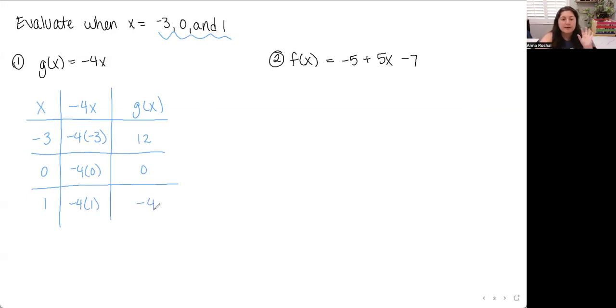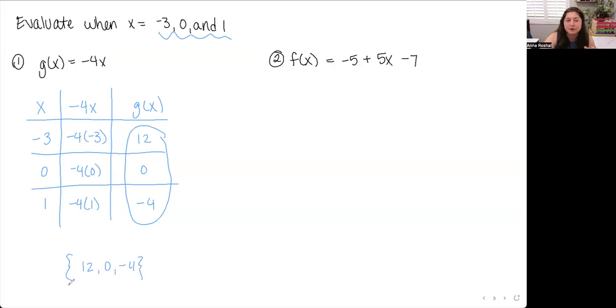So I can go in and leave my answer as is, because your teacher will see these. If you want to circle them to bring it out and say, hey, this is the actual answer, great. You can also do fancy brackets, which I clearly cannot draw anymore. And I would put in 12, 0, -4.